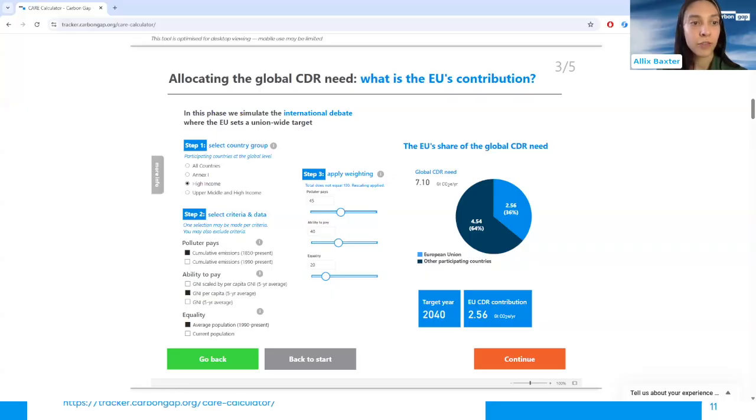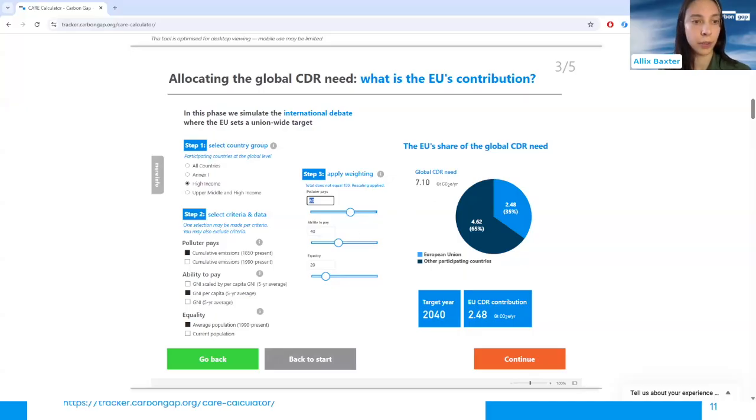Let's see. Oh, and I should have mentioned with the polls for Zoom, they only have a scale of 1 to 10. And so this is just equated to 1 to 100 when we are looking at these sliding bars here. So I think we have a tie between 5 and 8. So I'm going to do 60 for polluter pays. Ability to pay is around 40.